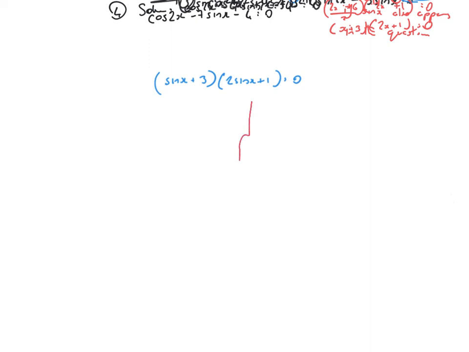Okay, next move, quite straightforward from here, line down the middle of the page. Sin x plus 3 is equal to 0, and 2 sin x plus 1 is equal to 0.